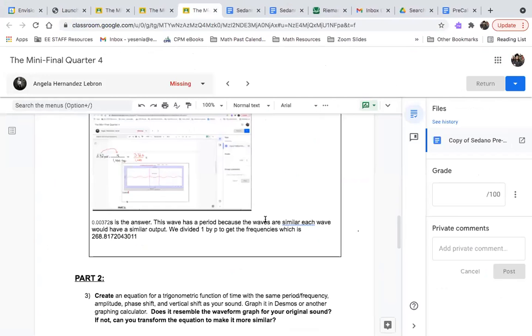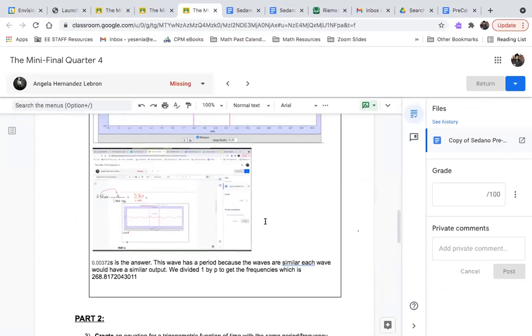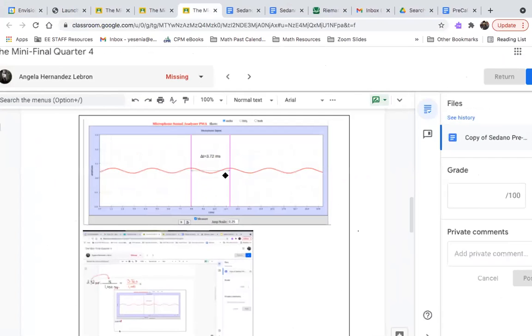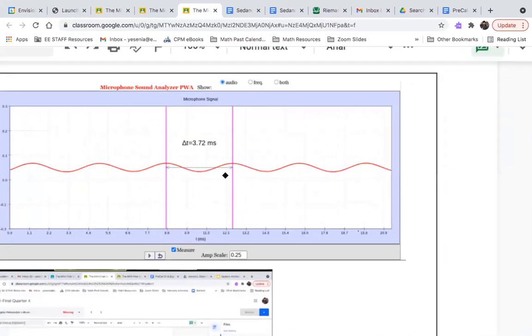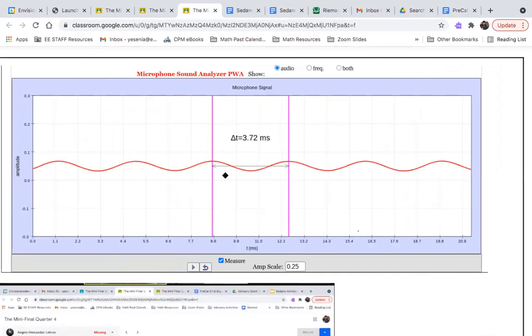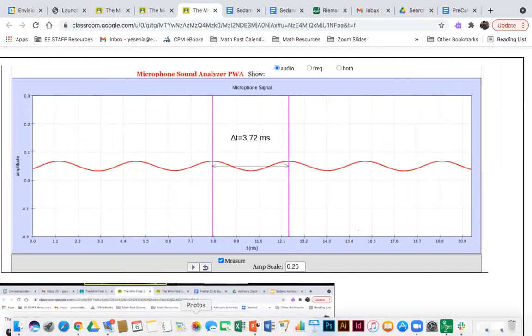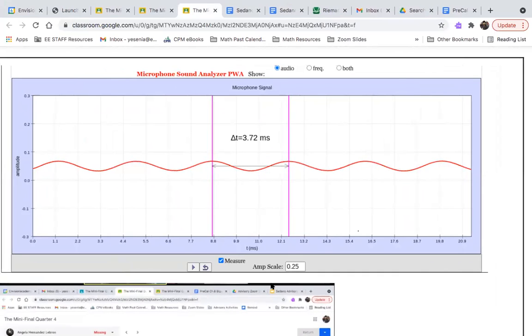I'm going to go back to Rebecca's. And how we're going to find the A term is we need to go back to your original sine wave. Step 1 is you need to draw your midline. The midline is actually right here. Notice how when you use the tool, it actually already finds the midline for you.